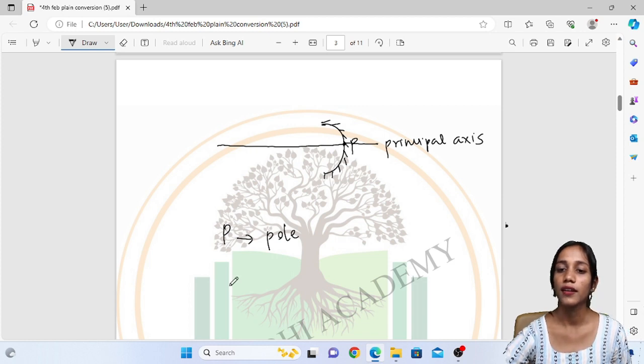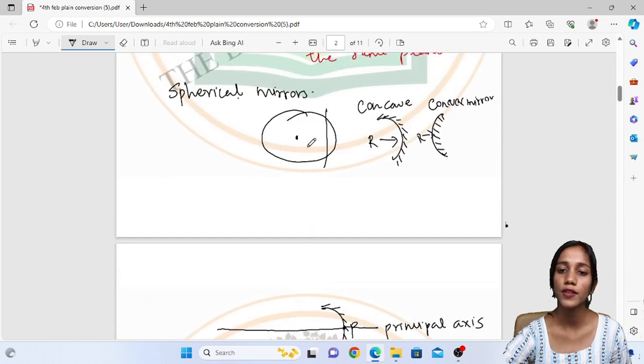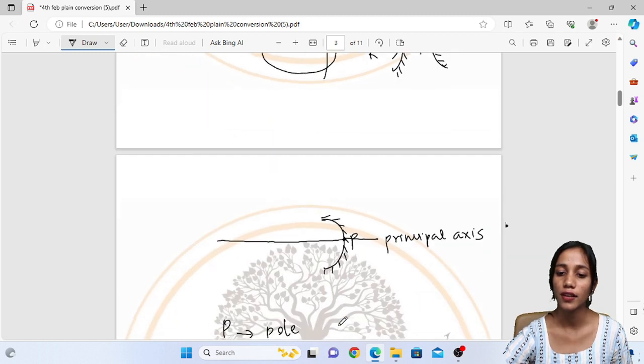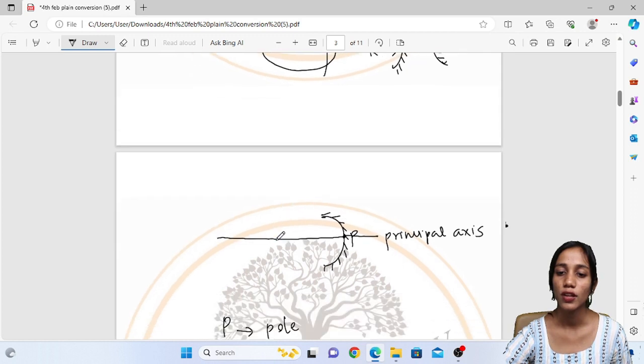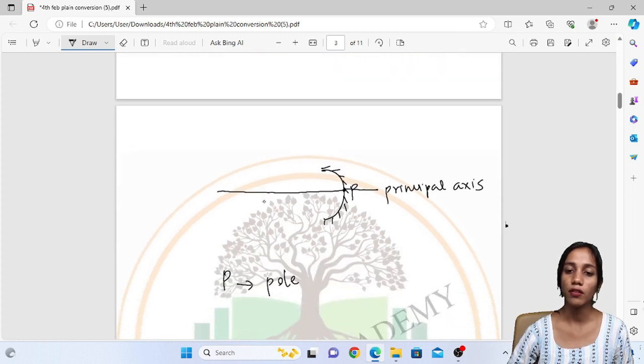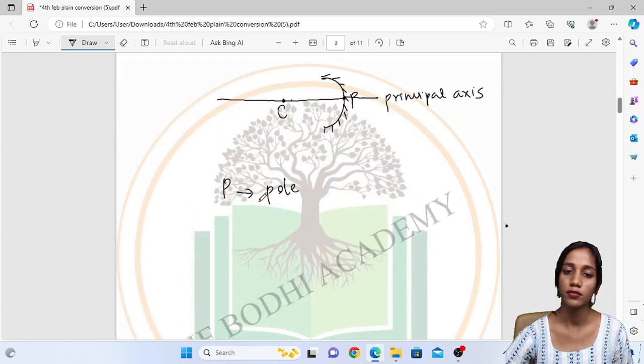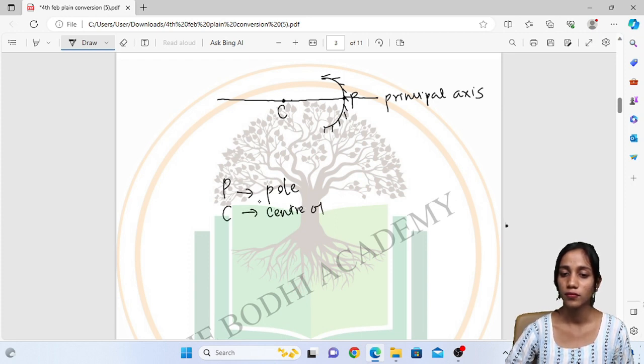Here I said that this is the center of the mirror, and this is the center of the sphere. When we consider the center of the sphere, we mark it exactly at the center, over here. This center is represented by the letter C, and it is called the center of curvature.